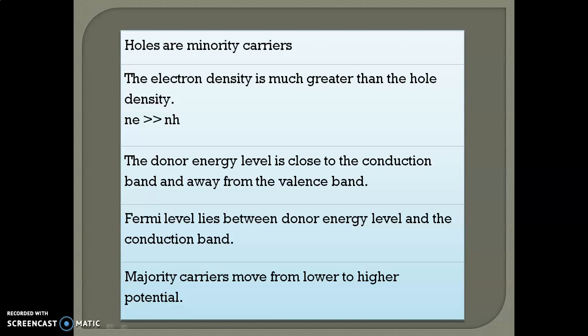In the N-type semiconductor, the holes are minority carriers and the majority carriers are electrons, so the electron density is much greater than the hole density. The Fermi level's energy lies between the donor energy level and the conduction band. The donor energy level is close to the conduction band and away from the valence band in N-type semiconductor.